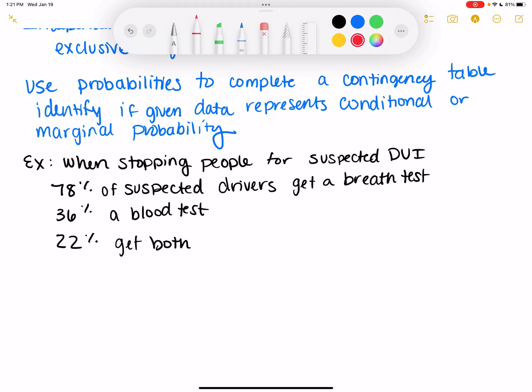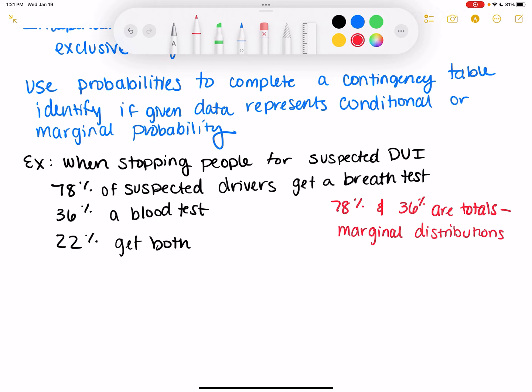You never know. All right, so something to note here before we start putting stuff into a table: 78% and 36% are totals, meaning marginal distributions are totals.